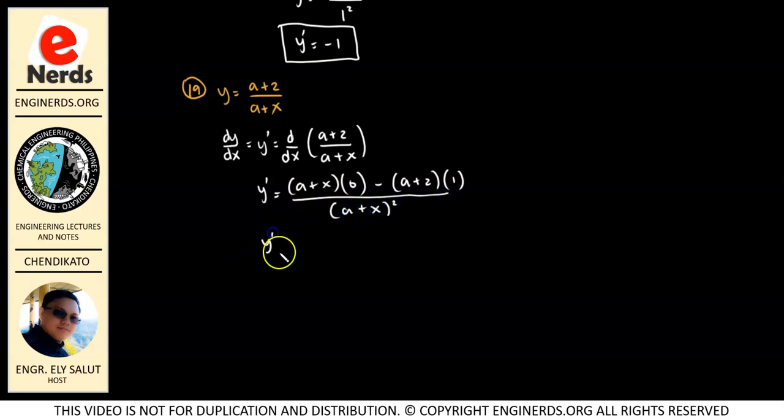So y prime is equal to, this will be 0, negative a plus 2 over a plus x squared. Now our x is equal to 2, so we have to substitute that.